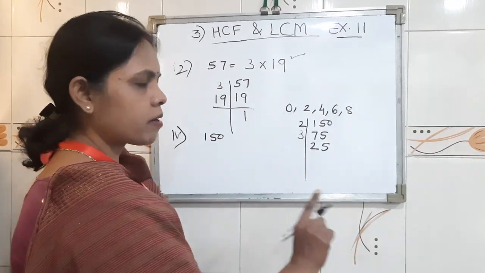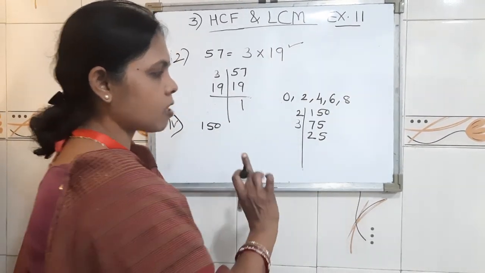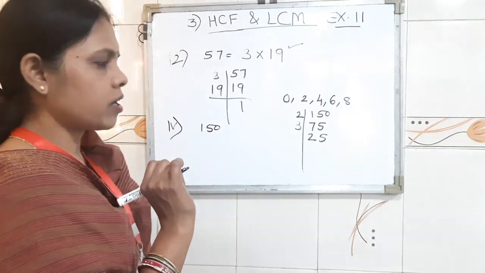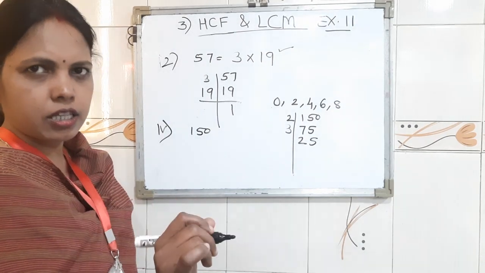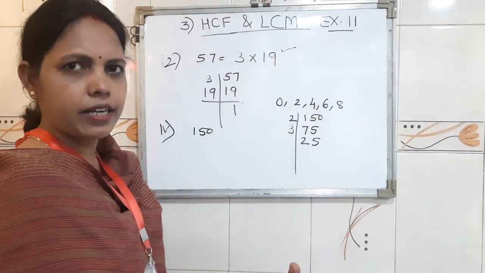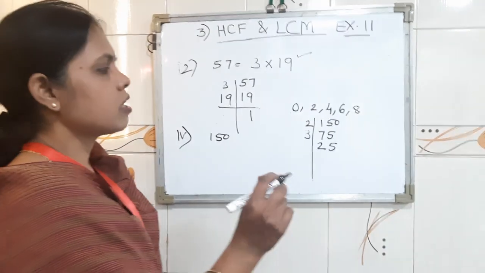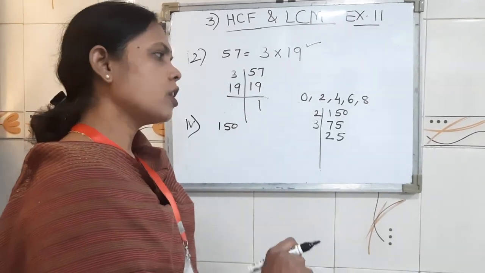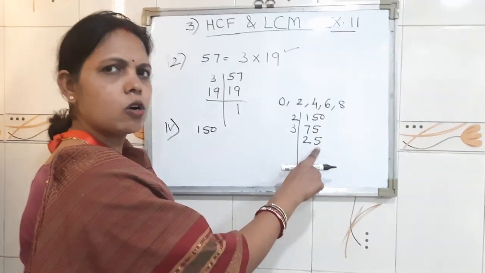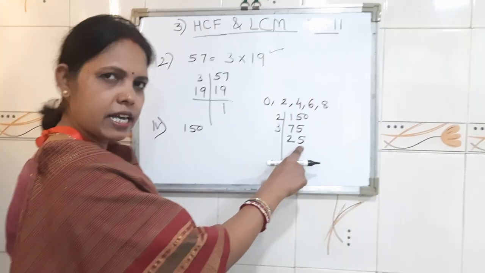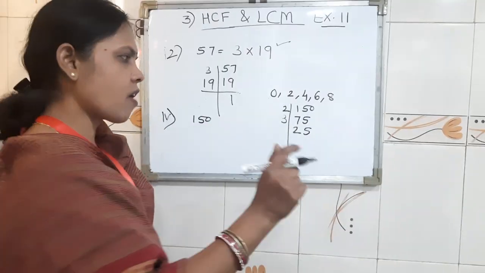Next, in the unit place 5 is there, therefore it will not divide by 2. Now the next number, addition of both these numbers, 2 plus 5, is 7. 7 is not in the table of 3, therefore it will not divide by 3. Directly we will move to the next prime number, that is 5. For dividing by 5, if 0 or 5 is in the unit place, then only that number will divide by 5.